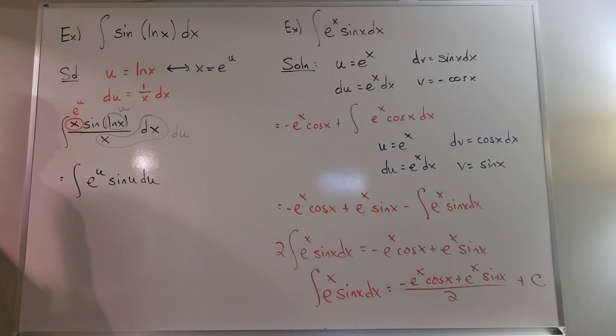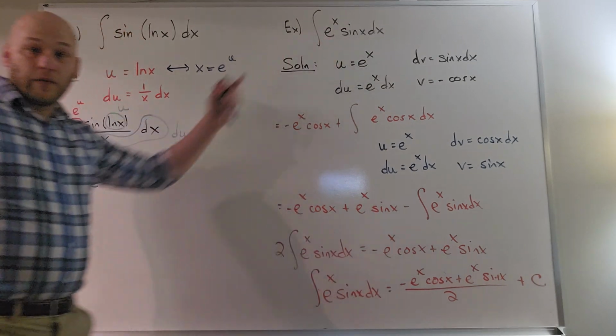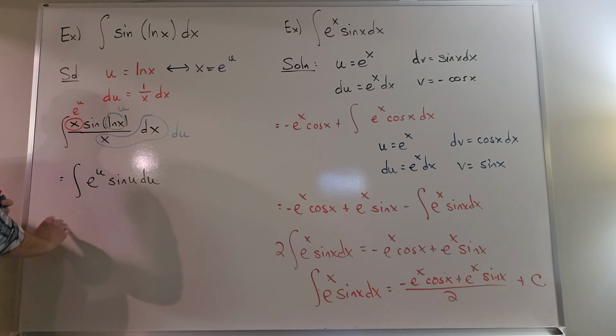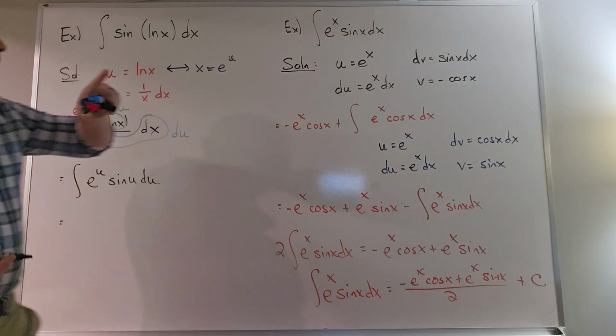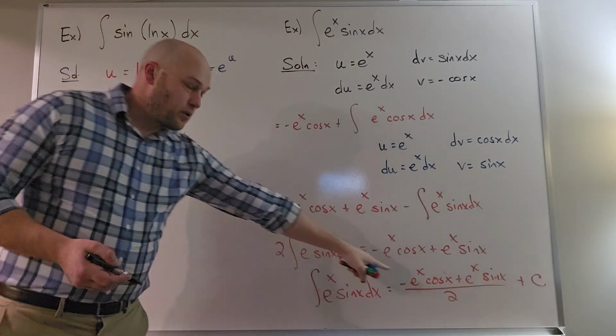Well, that integral should look familiar. It's literally our previous example. I just have a different variable. It's a dummy variable, so I can use whatever letter I like. But the integral of e to the u sine u du is the same as the integral of e to the x sine of x dx. And the answer is right there.